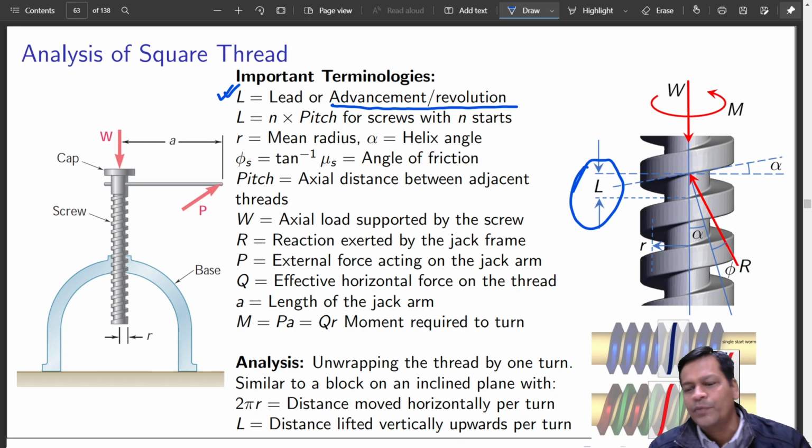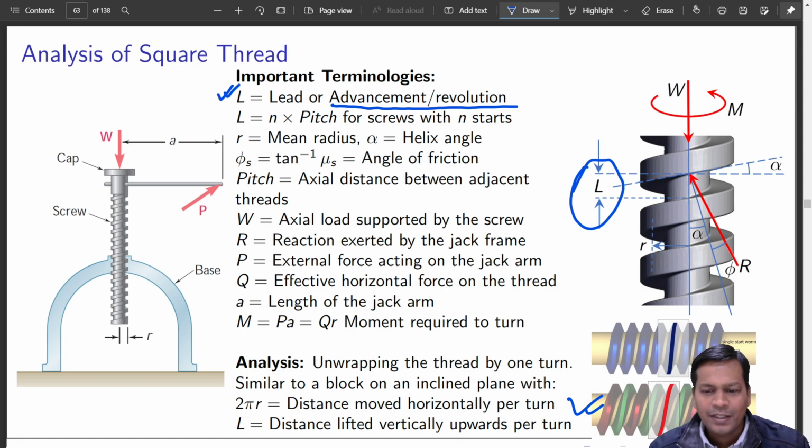Let us say you have two starts. Then the lead will be equal to 2 times the pitch, right? In the case of this thread, the one down below, in just one revolution you traveled twice the pitch that you can see.